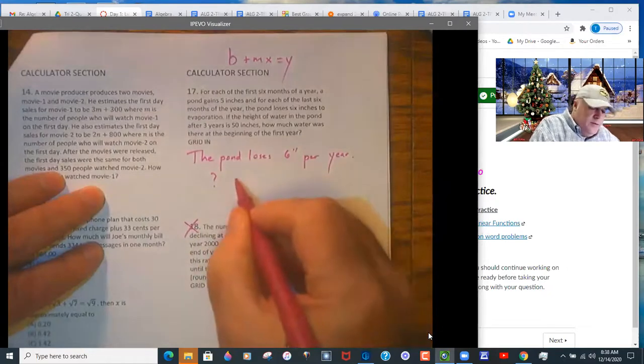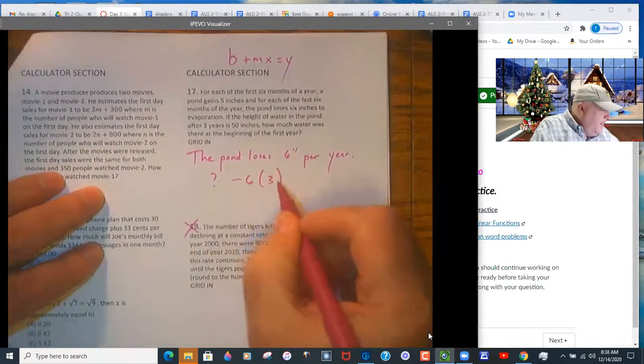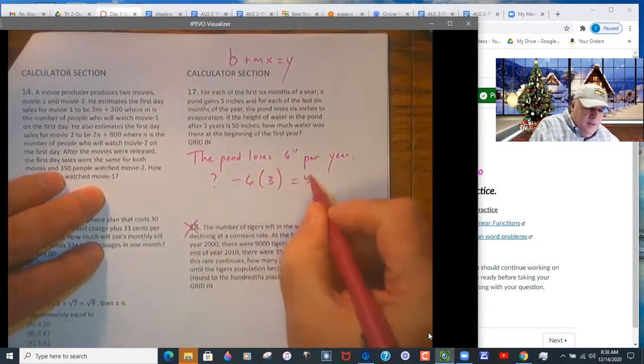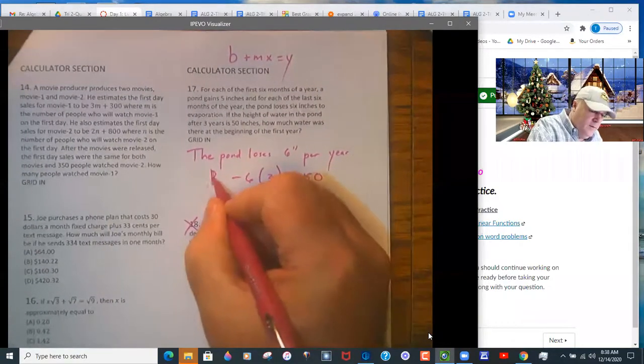And then it loses 6 inches per year. There's your rate for 3 years. And you ended up with 50. So I just wanted to interpret that a little bit for you. So you need to figure out what is question mark there. I guess I could have called that B just for the sake of.